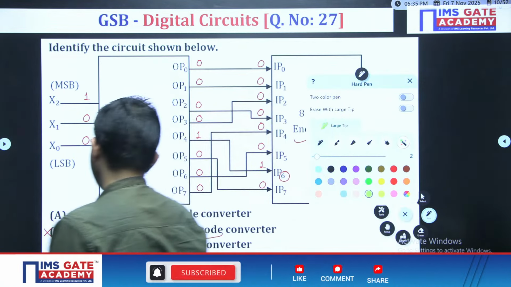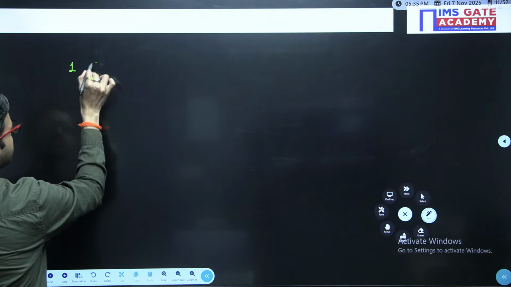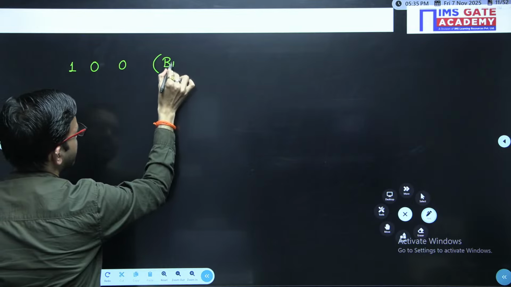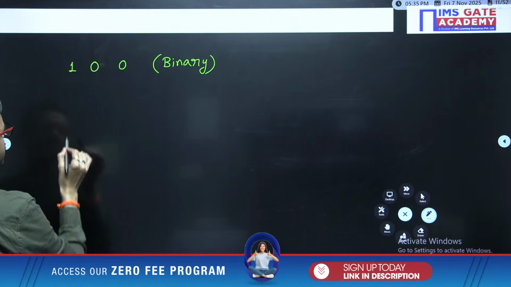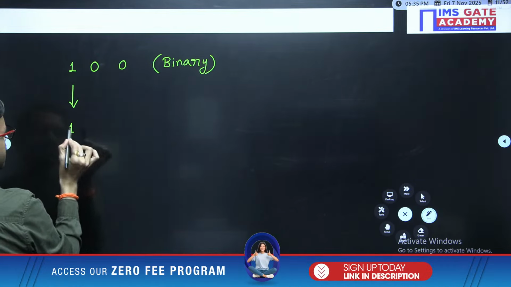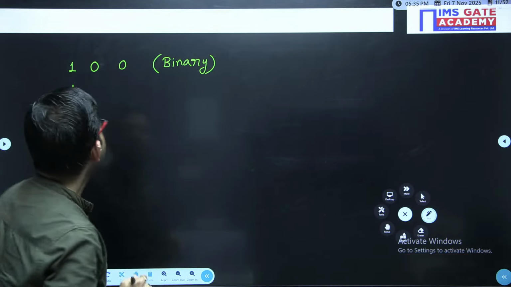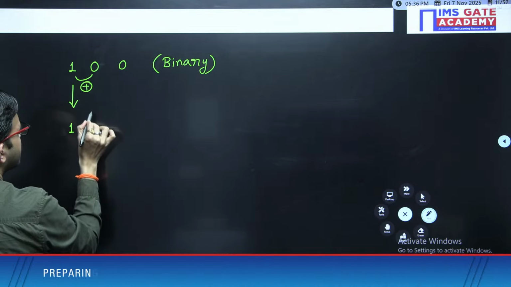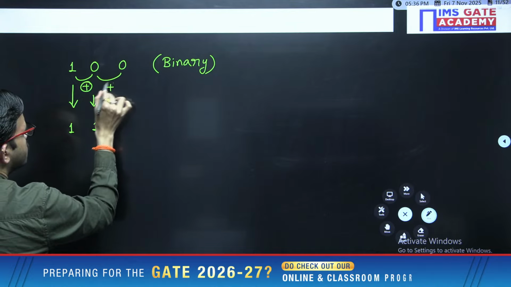So let us verify. Okay, 100 I am considering. Suppose let us consider that it is binary. Then the corresponding gray code is what? We copy the MSB as it is. Whether binary to gray or gray to binary, the first step is the same: copy the MSB as it is. After that, perform XOR operation among successive bits. 1 XOR 0 is 1. Then 0 XOR 0 is 0.